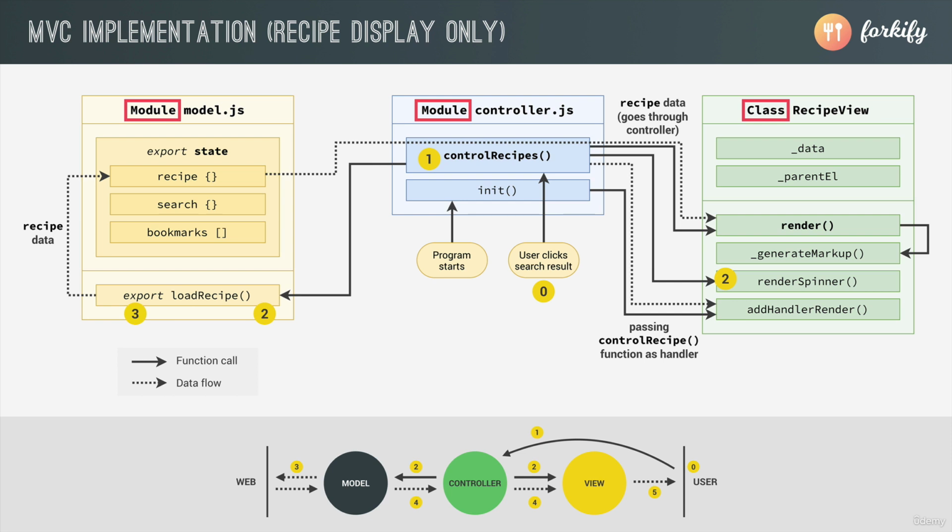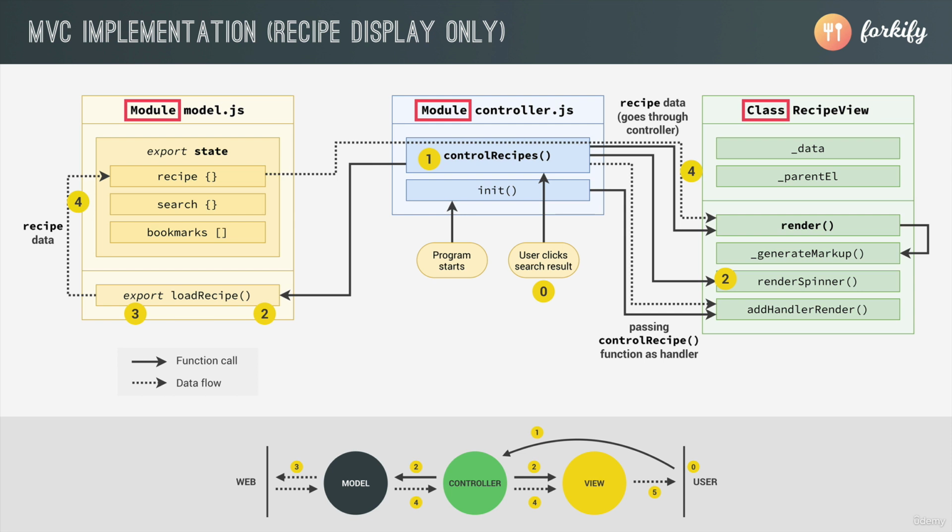In the meantime, the controller also calls the load recipes function in the model to fetch the recipe data from the Forkify API. Now the model also contains a big state object that we export from the model. And this state will contain all sorts of data, like the current recipe, search results, bookmarks, etc. But anyway, as the data arrives, it will be stored in this state object.